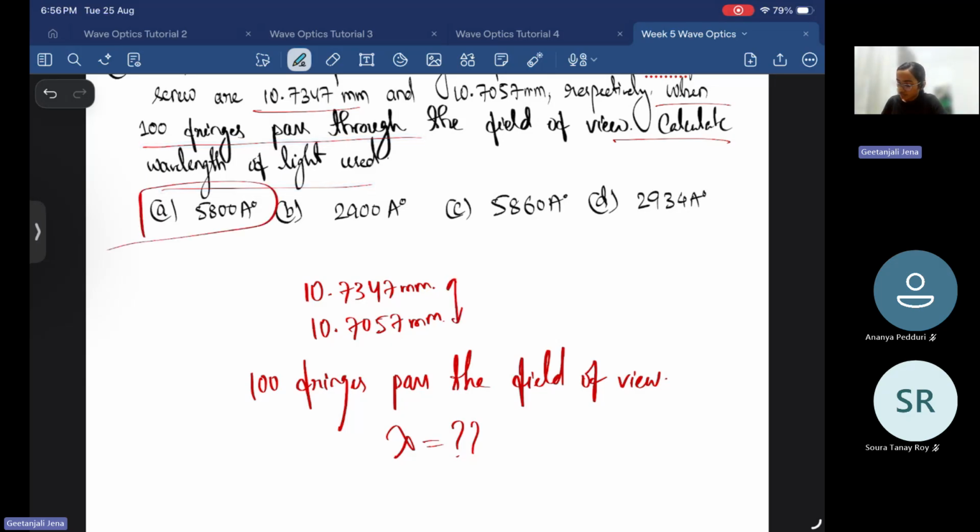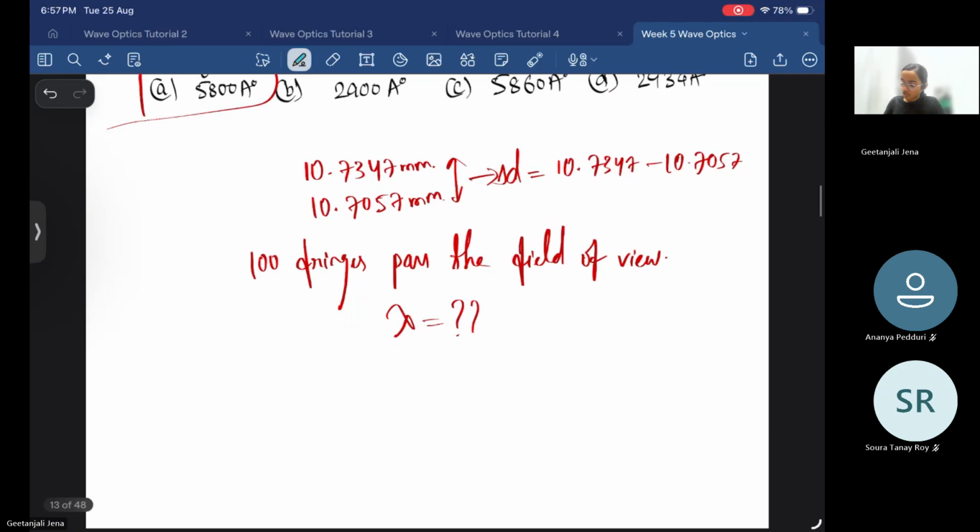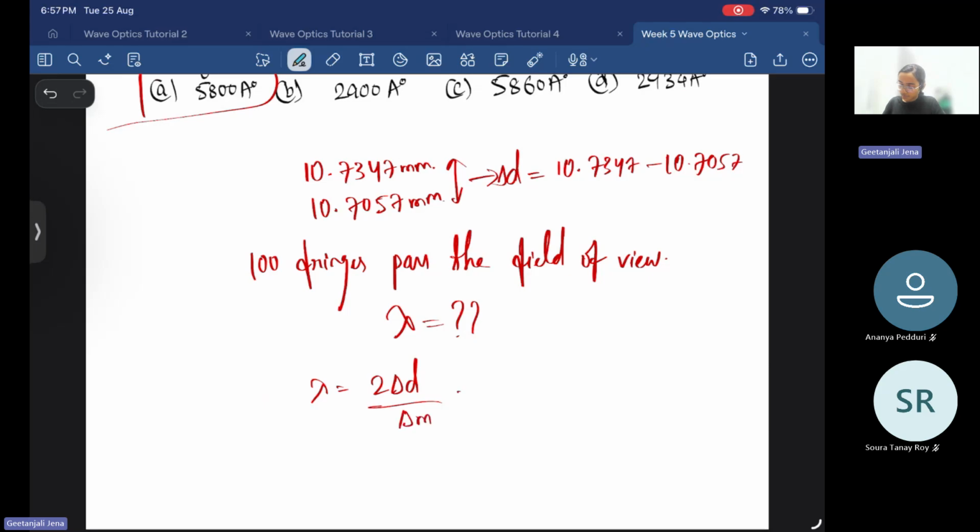So the readings are given. This is the initial and final reading. So that means you can calculate the relative position of the two mirrors, D, which is 10.7347 minus 10.7057. So this is delta D. So lambda is 2 delta D over delta m.